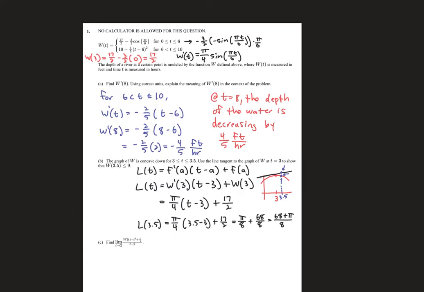So now we can say L of 3.5, which is this, equals this, or, sorry, let's do it this way. Actually here, sorry, let me think about the best way to write this. Maybe I'll just put L of 3.5, we know is definitely just less than 9.